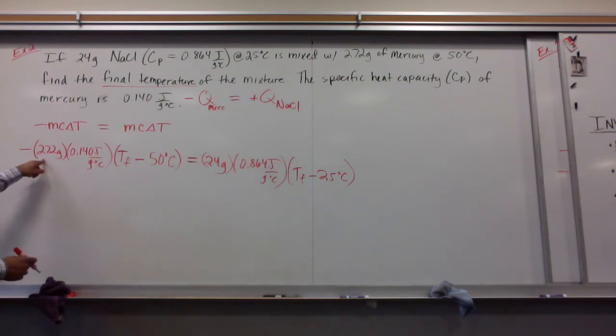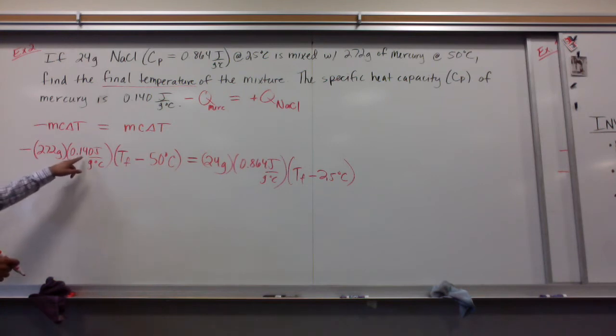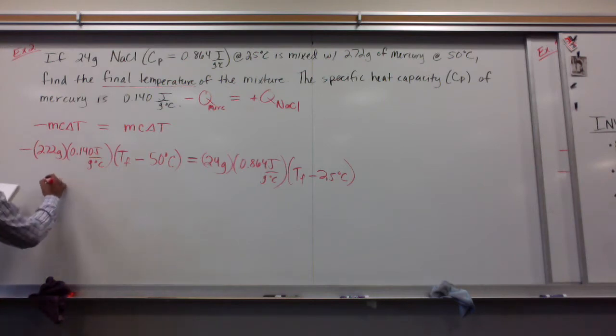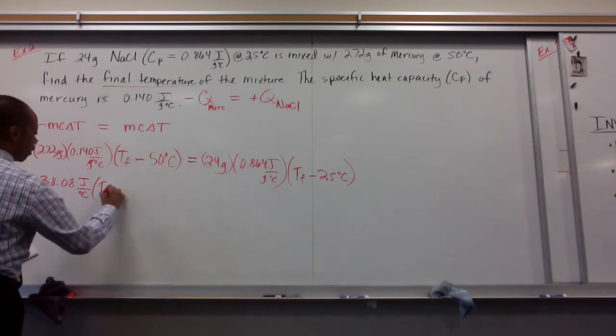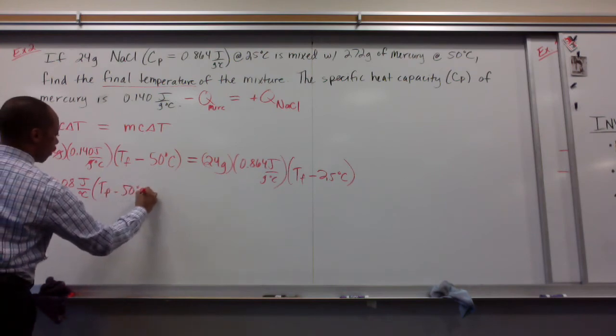So 272 times 0.140 will give me a negative 38.08 joules. My grams cancel here. Joules per degree Celsius, multiply times TF minus 50 degrees Celsius.